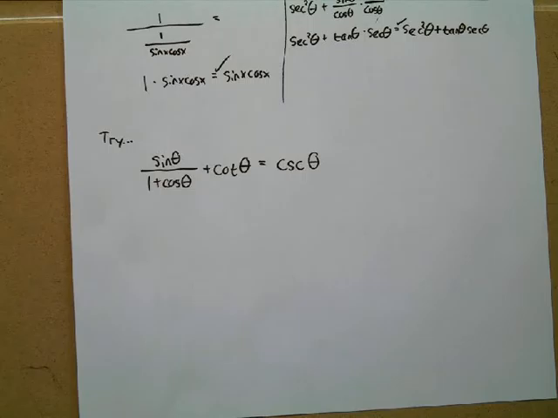Minus cosine times 3 plus cosine. Now you're going to have 1 over sine. What's sine over sine squared? 1 over sine.